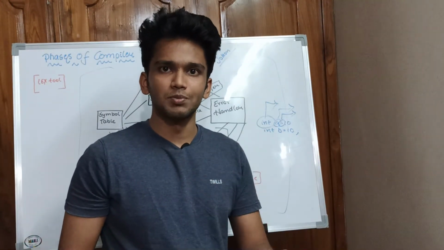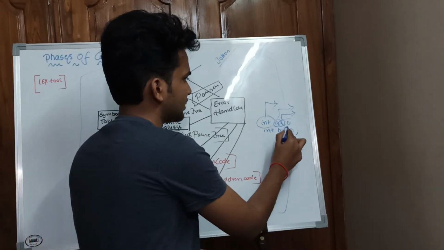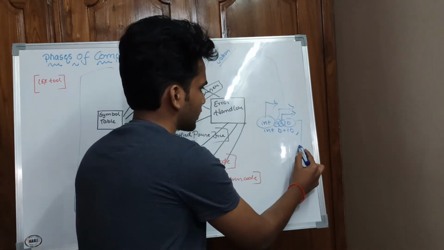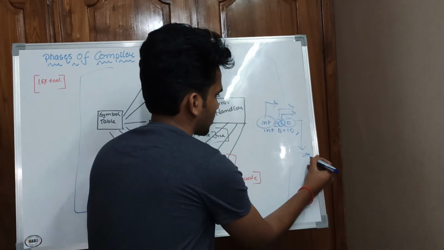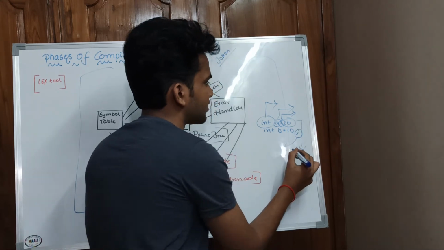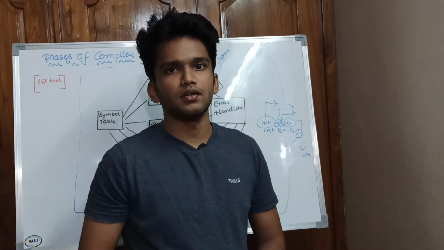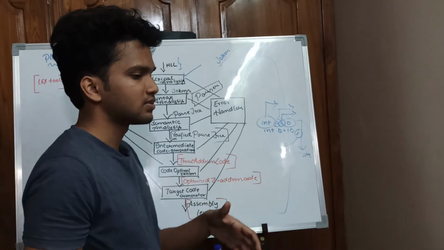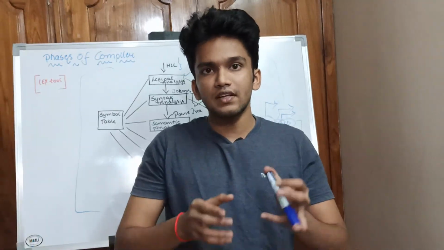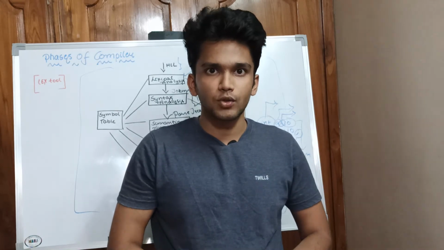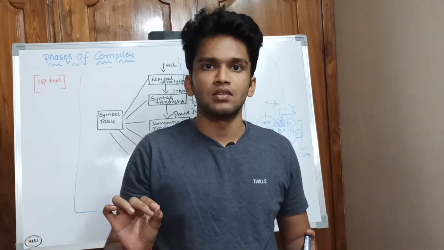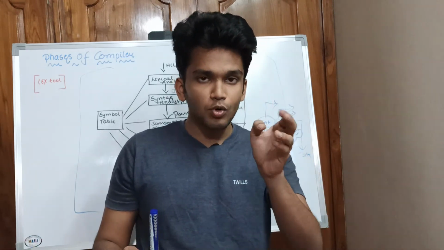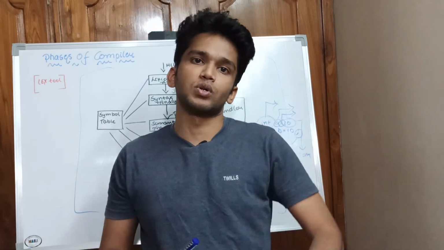The compiler knows it beforehand. And here 10 is a constant value, which is also a token. And the semicolon is called a separator, which is also a token. So the role of lexical analysis is that it considers every line, or the complete code you have written, as a stream of characters, and later the stream of characters is divided into a stream of tokens.